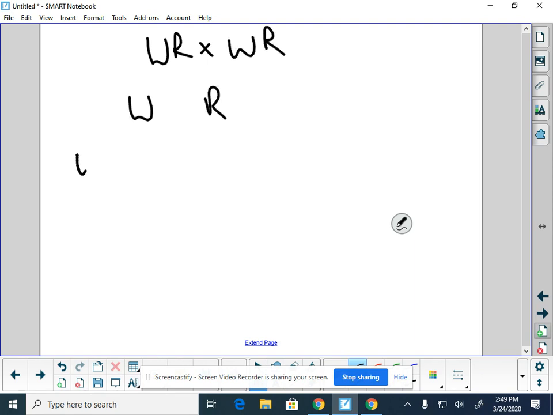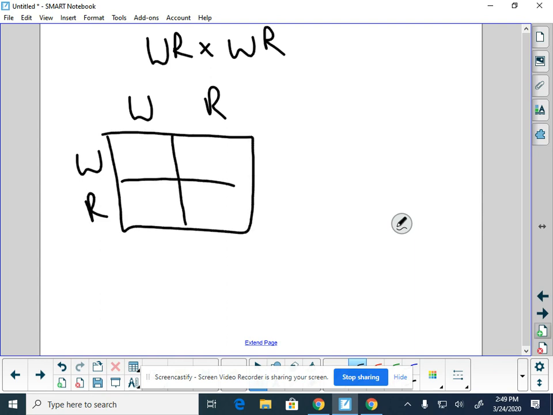WR, the 2 alleles. Segregation still happens. The law of segregation, they still separate out. So the W and the R separate from each other in the future gametes, the eggs or the sperm. We fertilize those gametes, meaning we bring them together. And now again, we show the genotypic ratio.